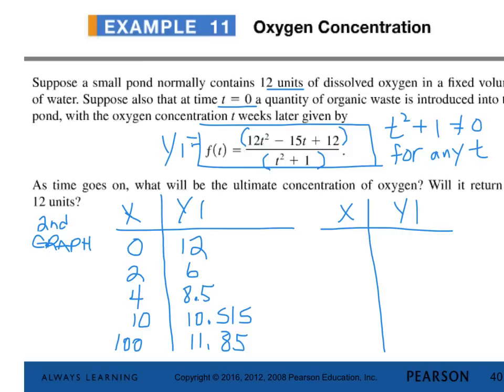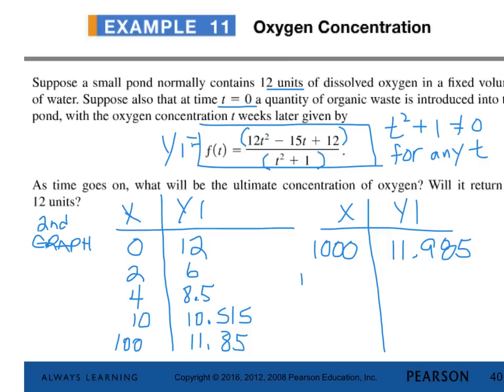And instead of going just 100 weeks, we'll go 1,000 weeks. Now take into account 1,000 weeks is almost 3 years. Okay? And at the end of almost 3 years, we have 11.985. So the oxygen has come up to 11.985.